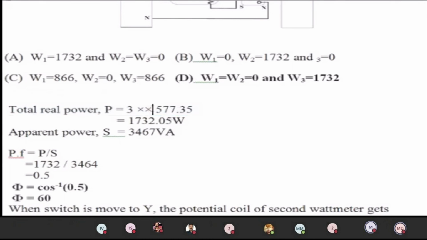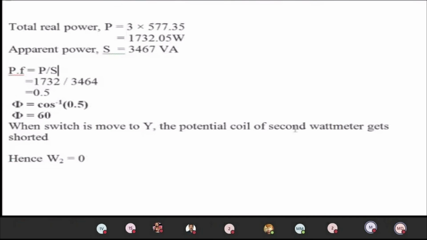Each meter reads 577.35, so the total real power which has been consumed is 1732.05 watts. Just keep it. And the apparent power has been given as 3464 volt ampere.